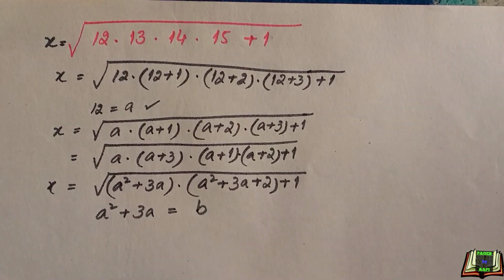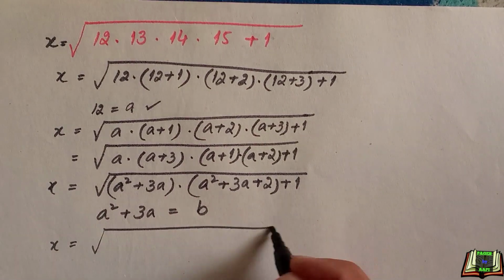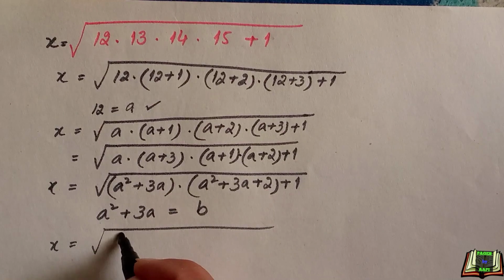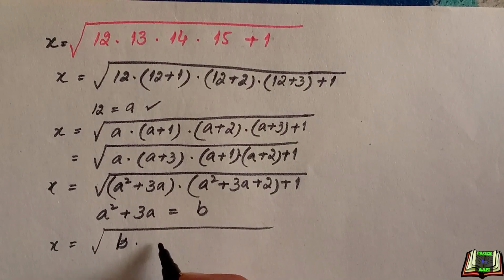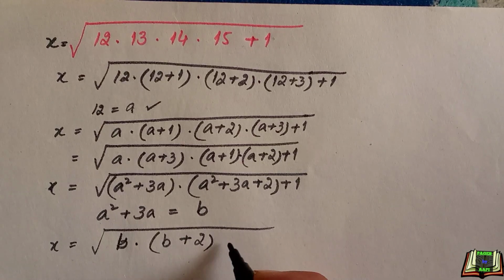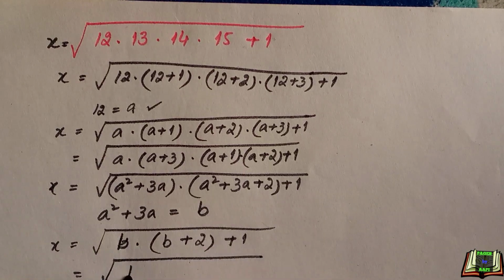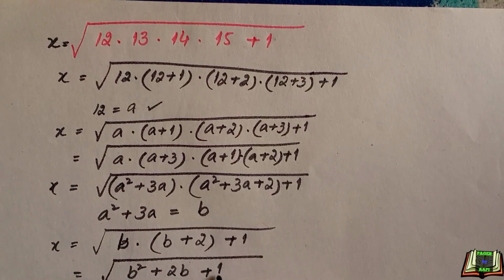So putting this value of a square plus 3a in this equation, we get the square root of b times b plus 2, bracket close, plus 1. Now we will multiply: b square plus 2b plus 1.